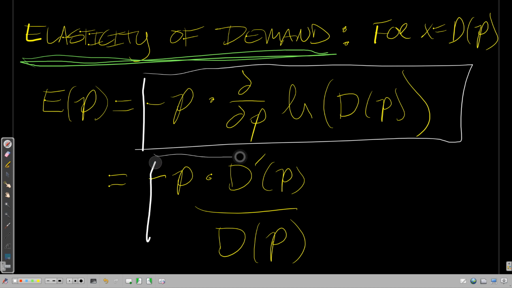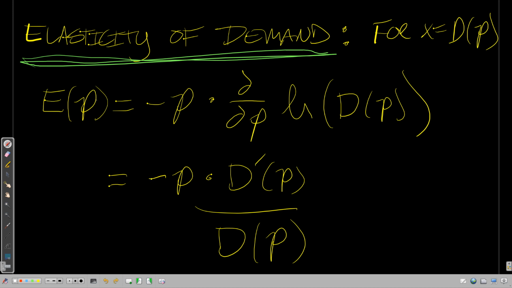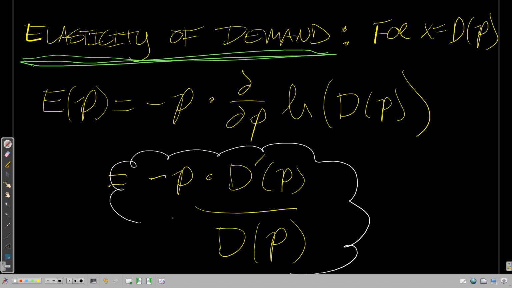But hey, that's the same thing as the typical formulation. This is the elasticity of demand. You are sure to see it several times, or need it several times. Minus P times the relative rate of change of the demand function.